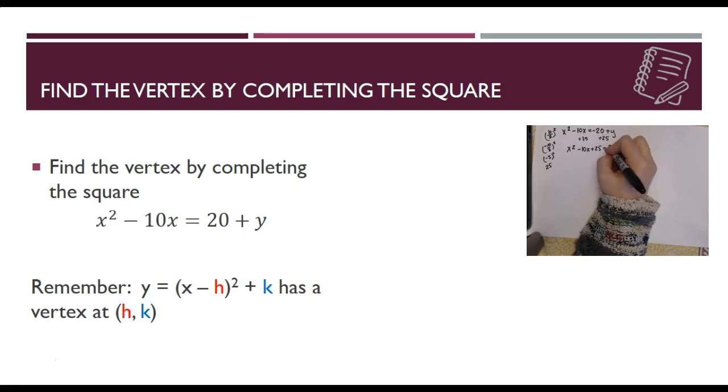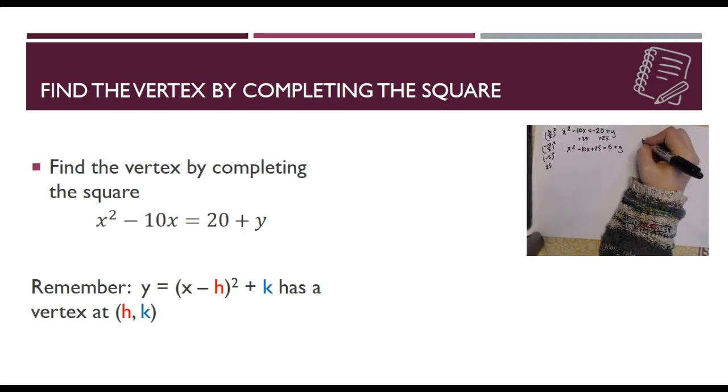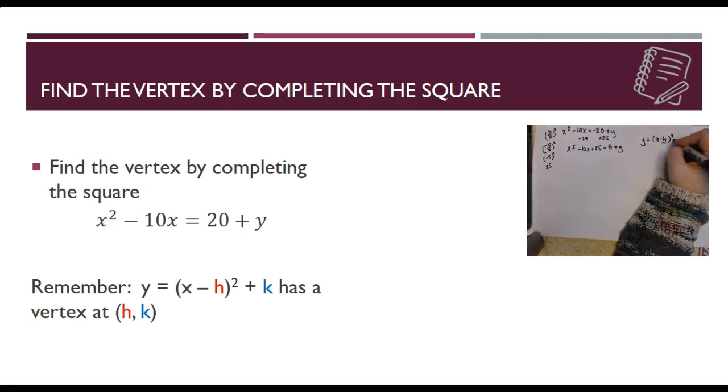So this should in the end come back to 5 plus y on the other side. So remember again, I'm looking for that formula of y equals x minus h squared plus k. And if we get that, then I know that my vertex point is at h and k.